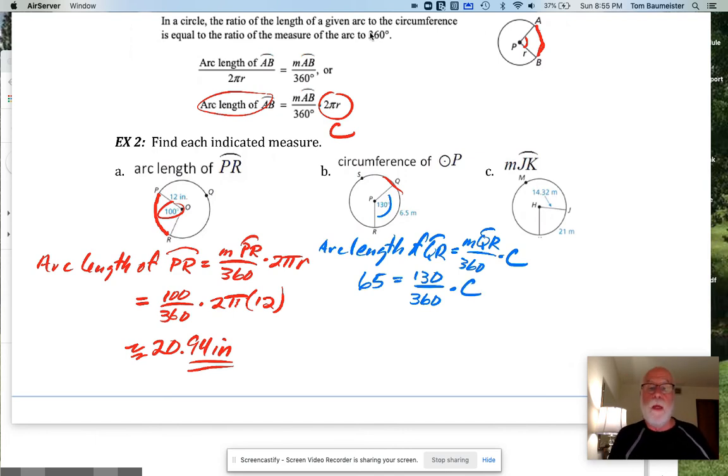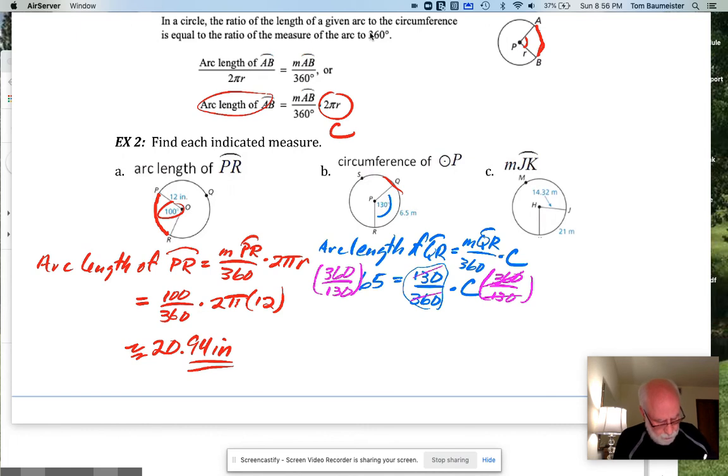We're just going to put the letter C. So now remember, to solve for C, since I have this as a fraction here, I'm going to be multiplying it by the reciprocal, because remember, that's going to make all of that just be 1.